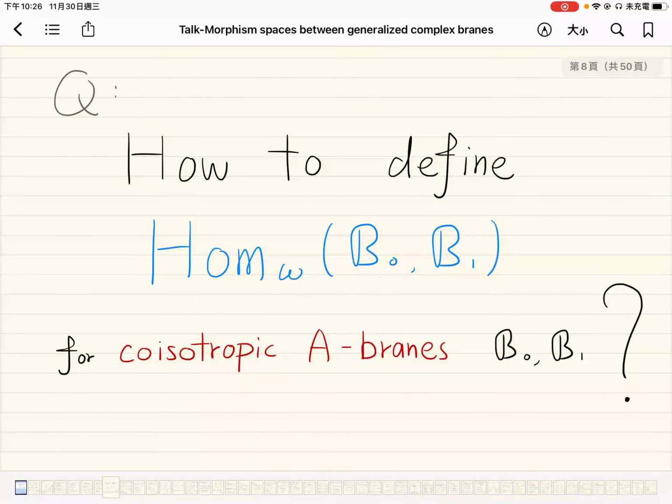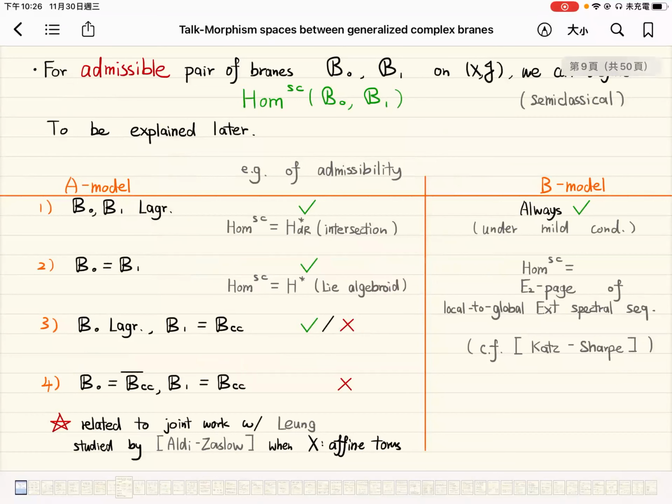So of course, the central question in our talk is how to define the morphism space for coisotropic A branes in general. Do we have a mathematical definition of it? So before talking about the BCC bar, BCC system, let me mention one concept defined by me and Professor Leung, that we can classify certain pairs of branes as admissible pairs of branes, and certain pairs of branes as not admissible pairs of branes.